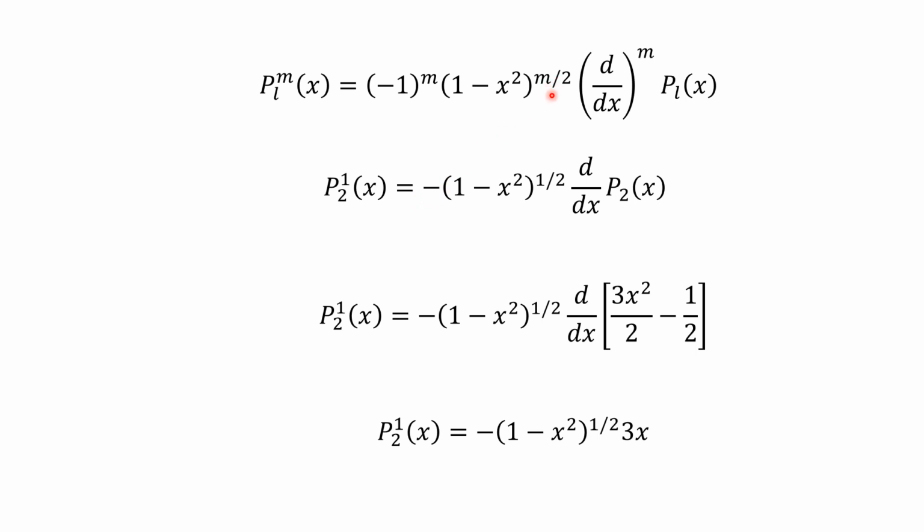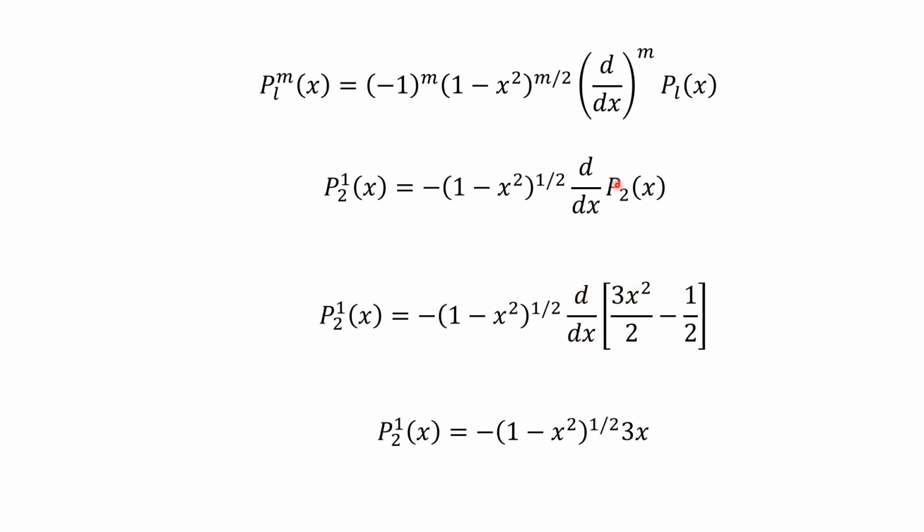And since M is equal to 1, this becomes 1 minus x squared power half, and L equal to 2 gives P2(x). So P_2^1(x) is equal to minus (1 - x^2)^(1/2) d/dx P2(x).